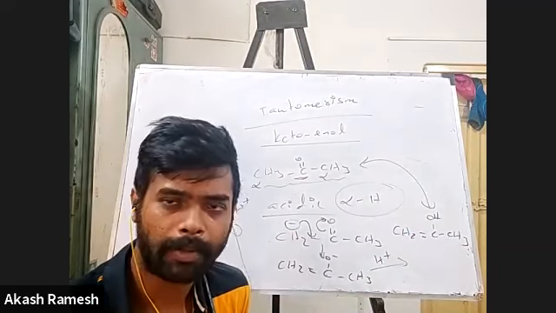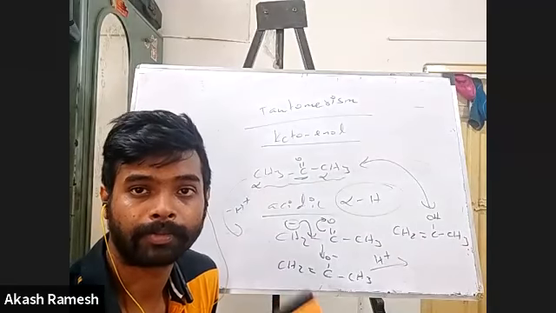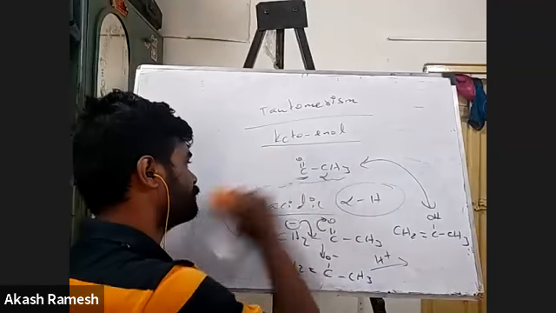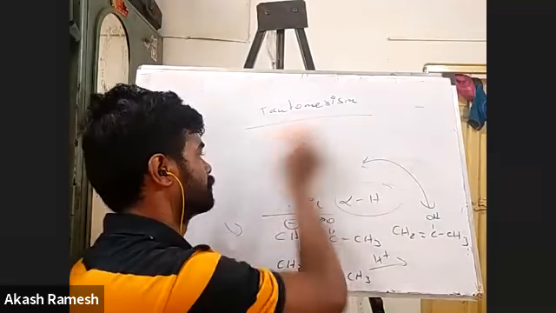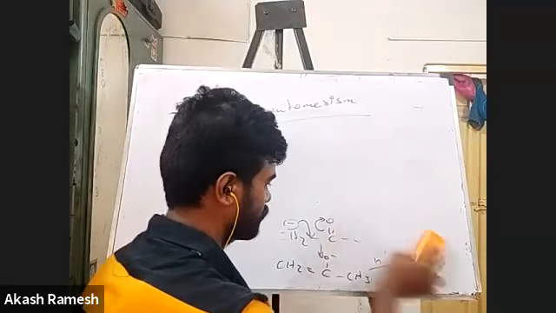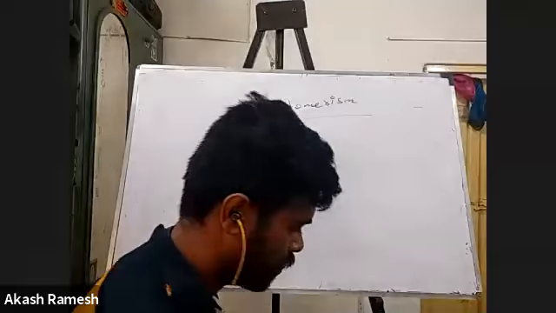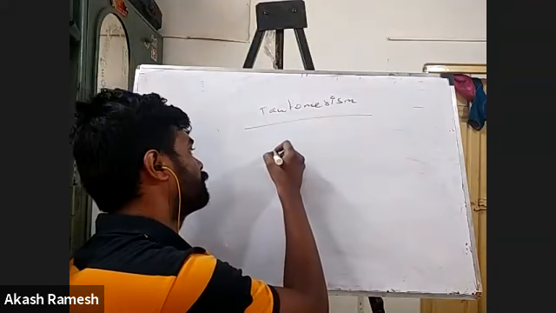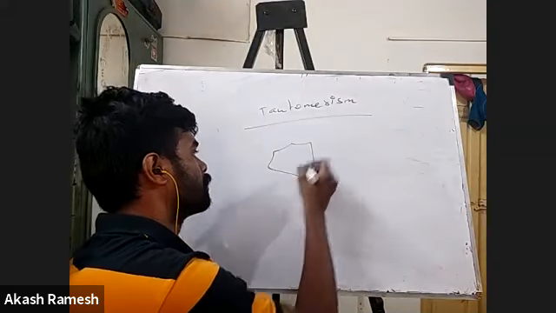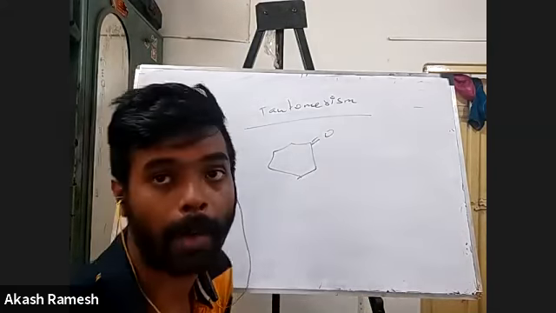Okay, we'll take one more example like this. Everybody understood what is tautomerism? Yes, sir. Okay, cool. So we'll take more examples. Say I have this particular compound.